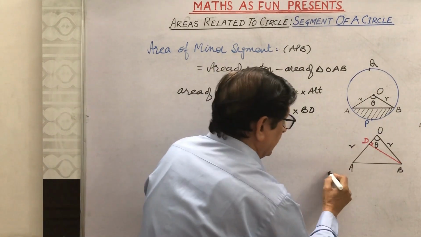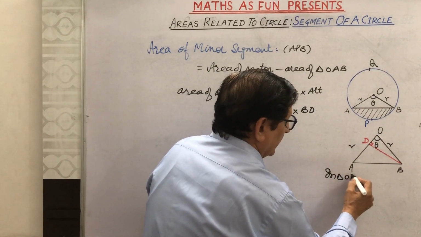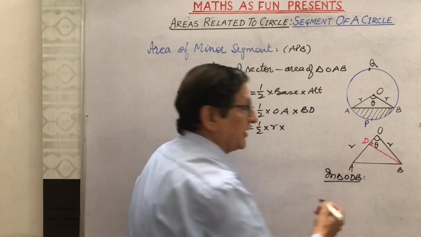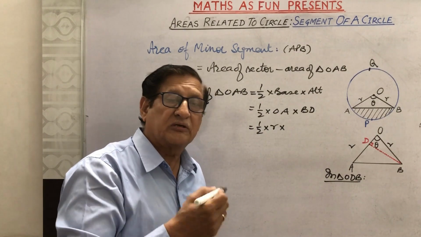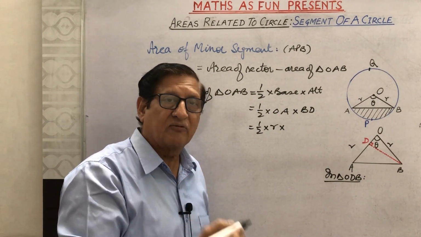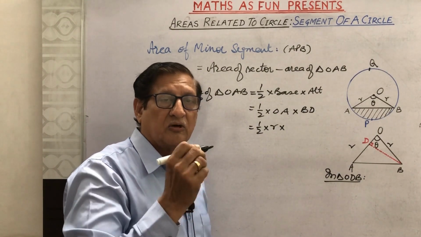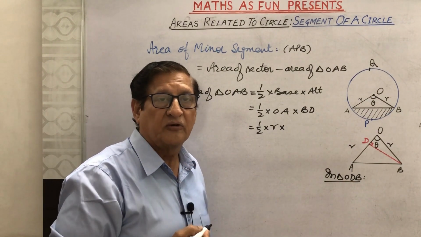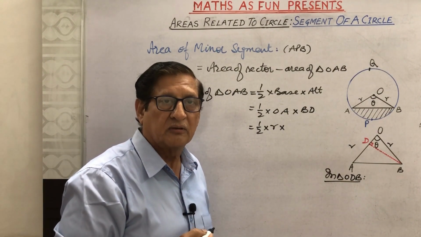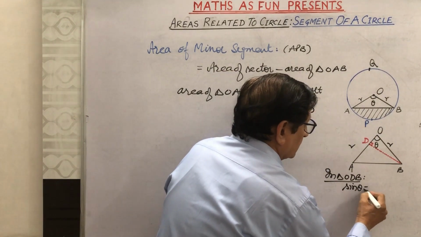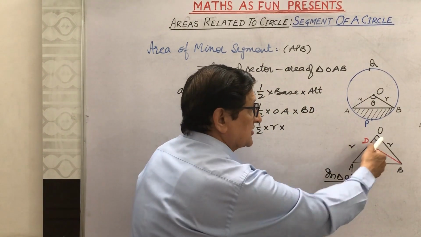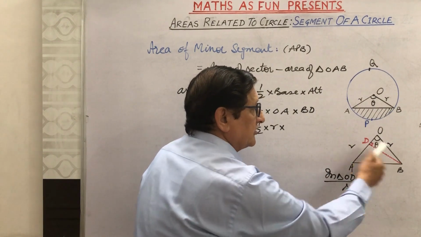To find BD in triangle ODB, we apply trigonometry. The trigonometrical ratios we have learned in the videos of the full course of trigonometry. Here, what is sine theta? Sine theta is perpendicular upon hypotenuse.